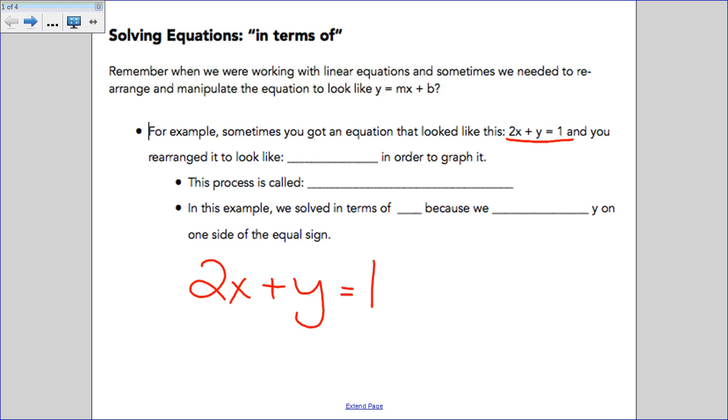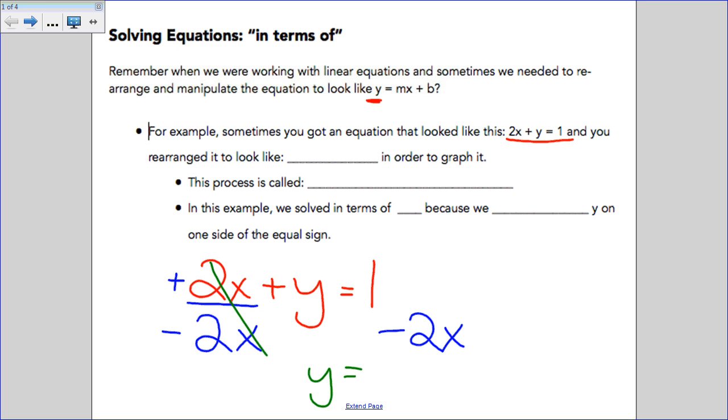Since you wanted it to be in y equals, you had to move and rearrange it like our transformers. What needs to go to the other side in this equation? Right, our 2x. Since it is positive here, we subtracted it from both sides. And we had a new equation that came out that was y equals negative 2x plus 1.